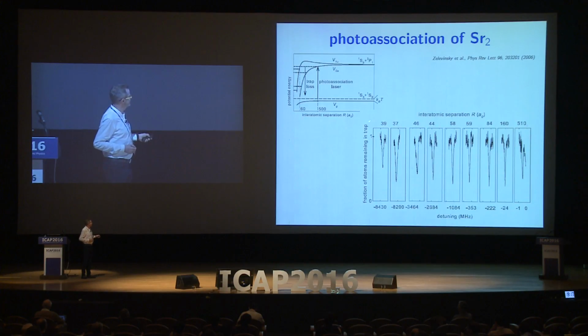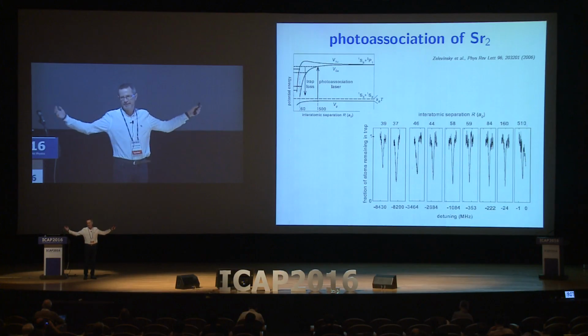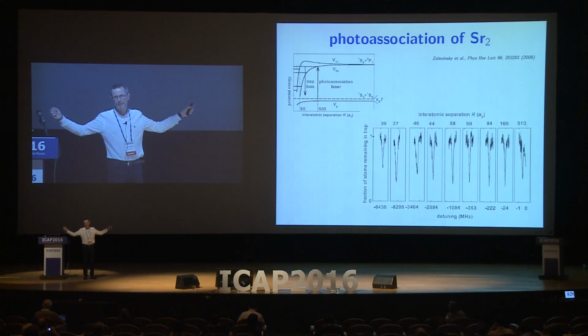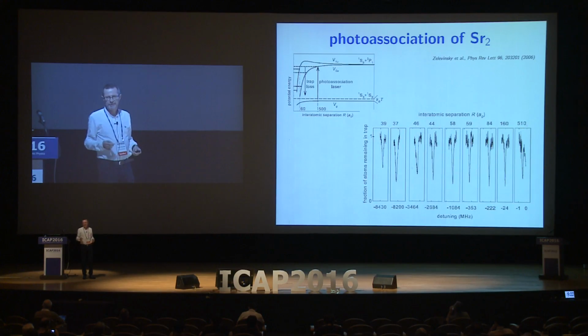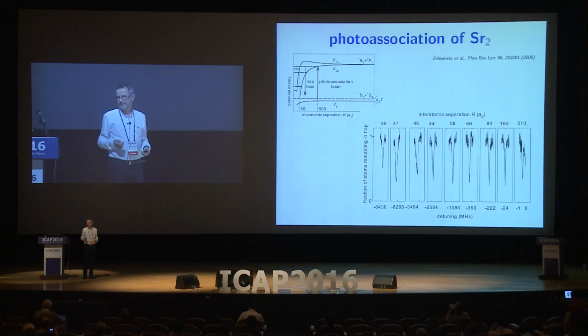Now look at the interatomic separations in these molecules. It's unbelievable, because in this least bound state, the two atoms are 500 Bohr apart. In typical molecules, like the hydrogen molecule, the interatomic distance is 1.4 Bohr.